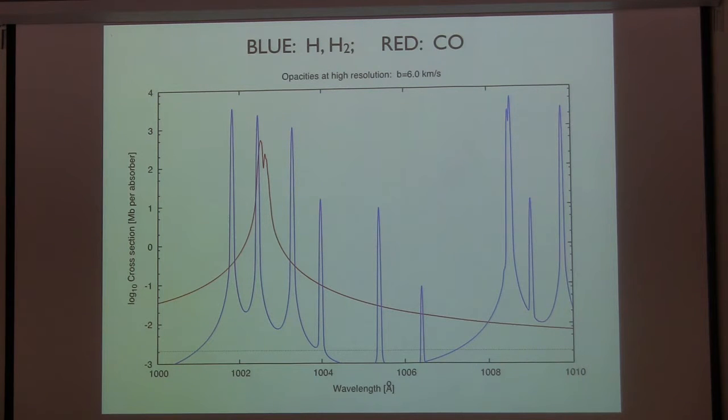So to do these radiative transfer calculations accurately, one actually has to take into account all of these details, not only the rotational fine structure in the transition, but also the upper state lifetimes, because that affects the propagation of the radiation in the wings.